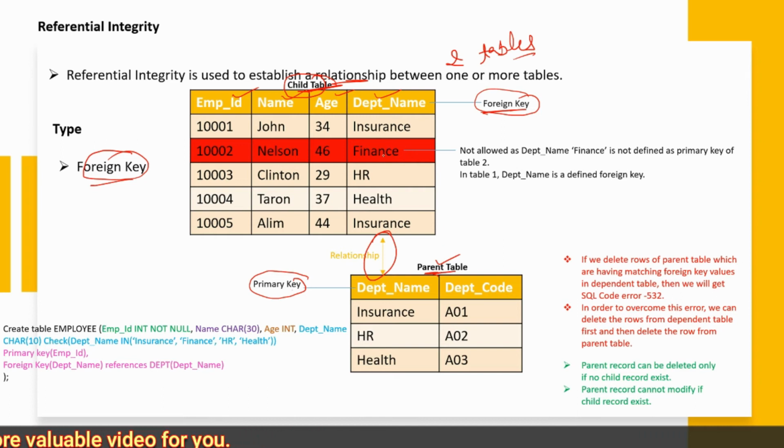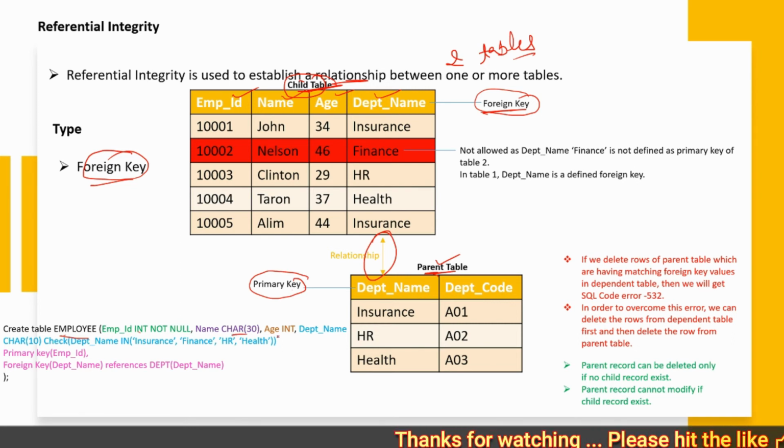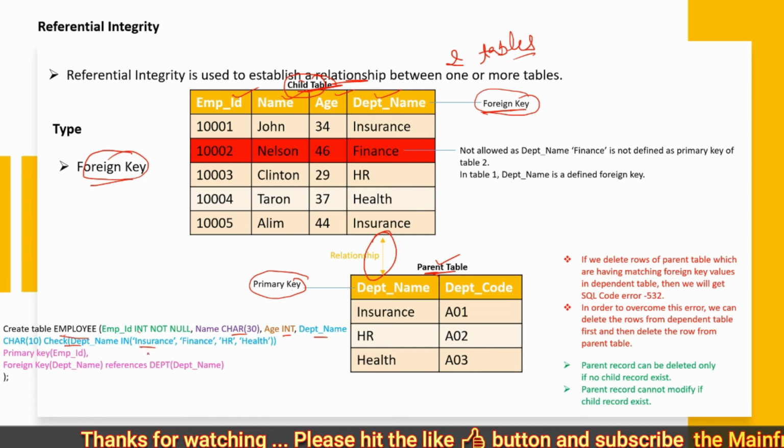Here what is happening, I have created the employee table. This is like our child table. Okay, this is employee table, and I have defined employee ID of integer type, name of character type, age of integer type, department name of character 10 type, and then I have given the check condition on the department name.